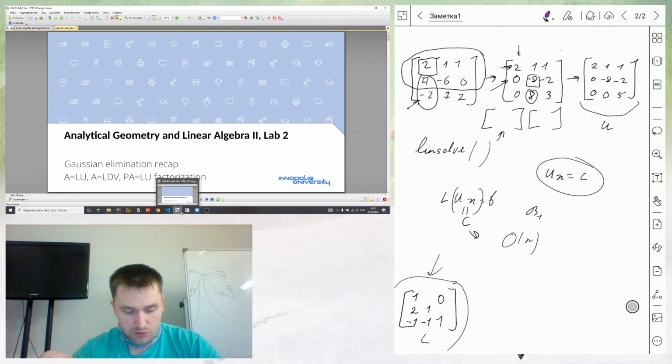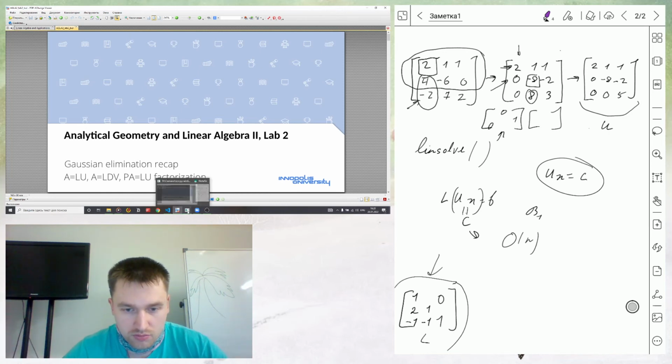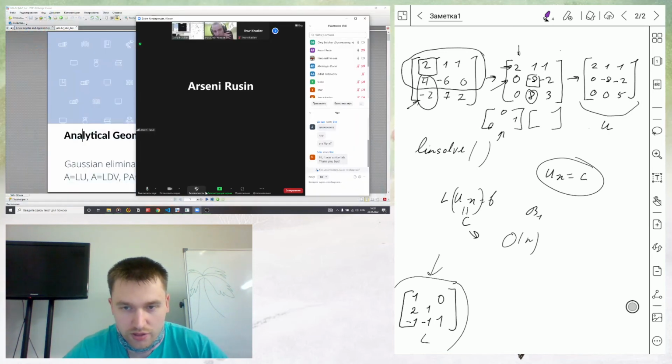First of all, you need to understand that most of the time it's just 0s and 1s, like this. It's not correct, I didn't swap it, but I mean that you just need to understand what the permutation matrix looks like, and that's it. Okay, it's clear. Oh, fine.